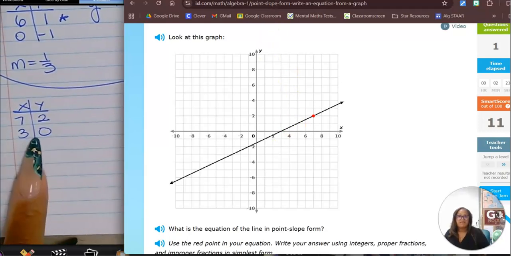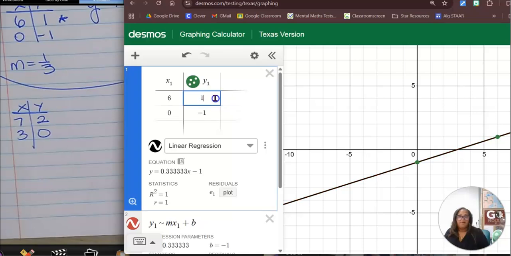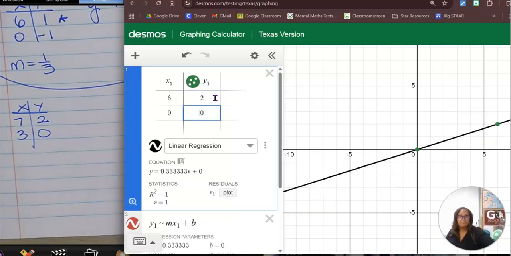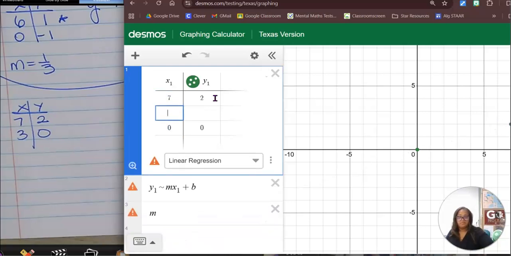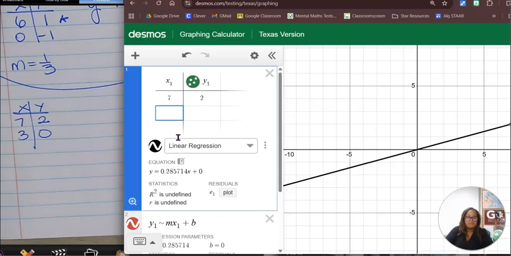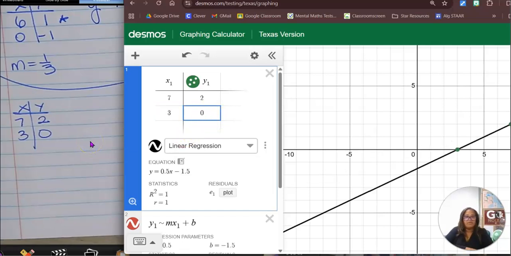We're going to type this table in there. 3 and 0. 7 and, oops. Oopsies. 7, 2 on the Y side, 3, 0 over here.